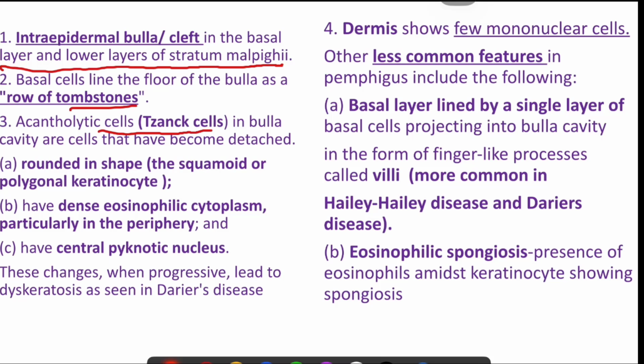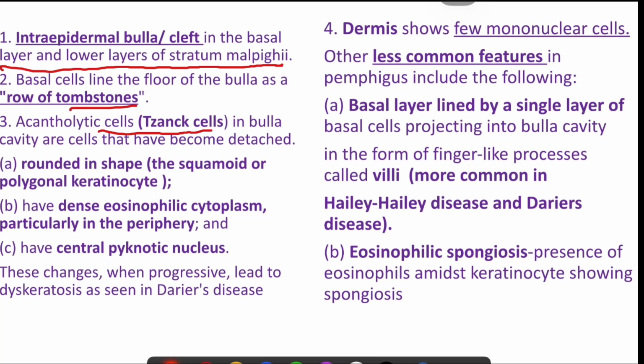They are singly scattered cells you can find. These cells may be rounded in shape, which is squamoid or polygonal keratinocytes, with dense eosinophilic cytoplasm, particularly in the periphery, and a central pyknotic nucleus.